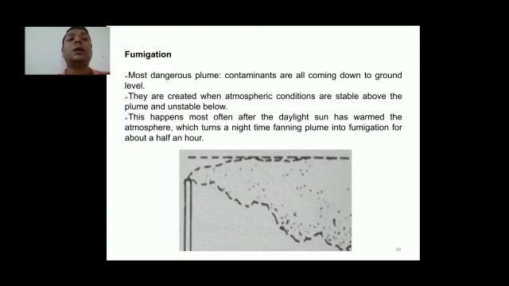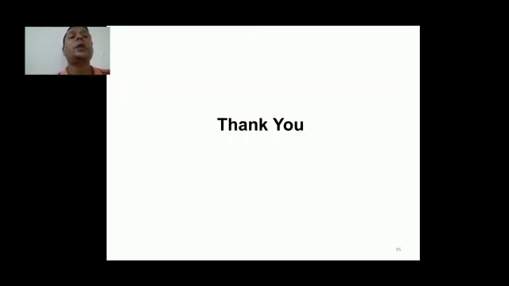They are created when atmospheric conditions are stable above the plume and unstable below. This happens most often after the daylight sun has warmed the atmosphere, which turns a nighttime fanning plume into fumigation for about half an hour. This is all about the plume. Now, thank you.